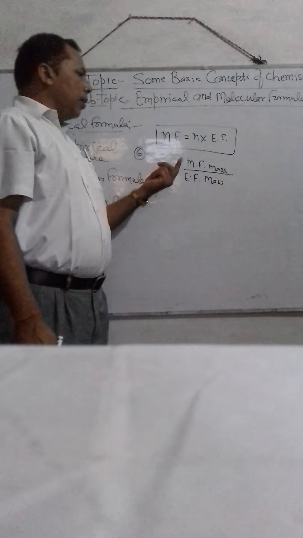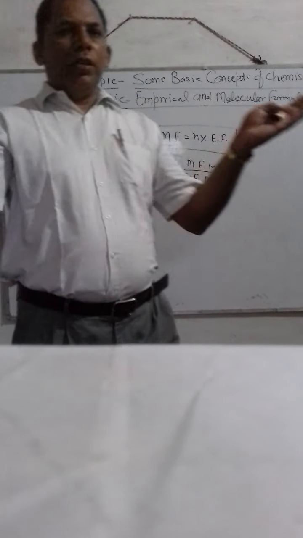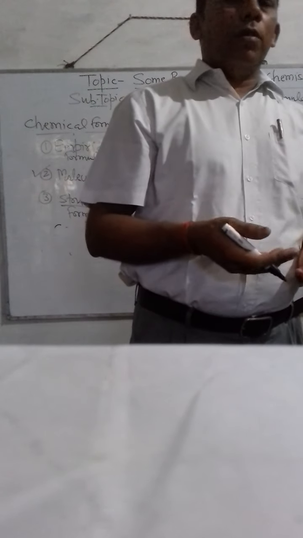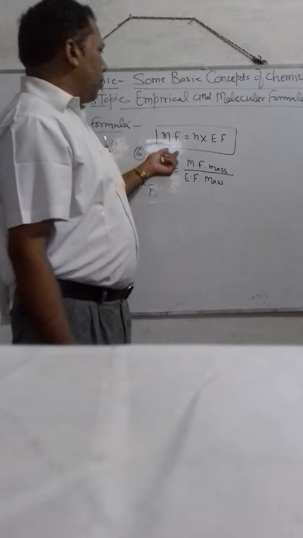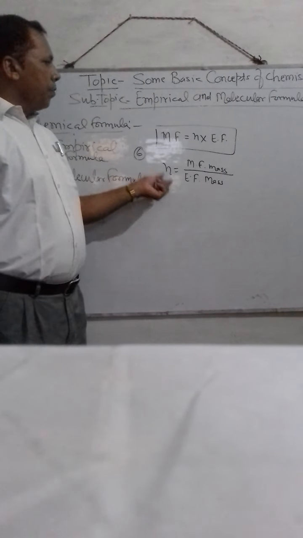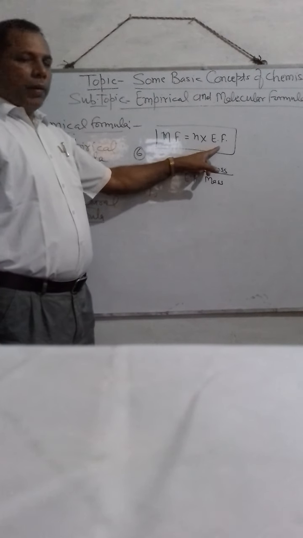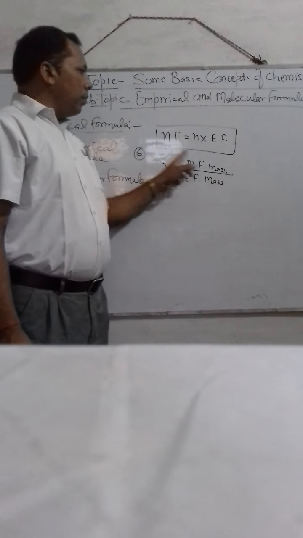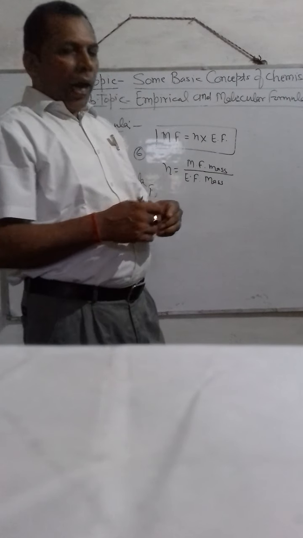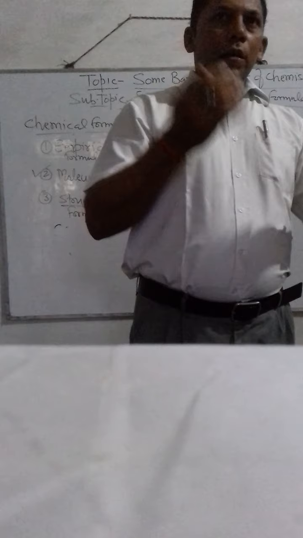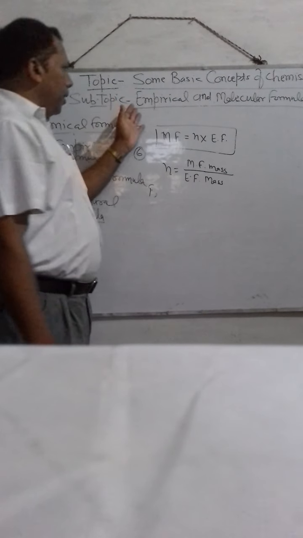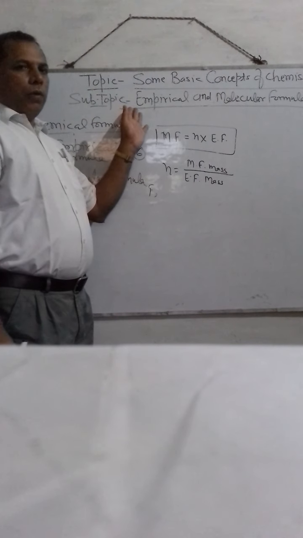If this value becomes 0, there is no existence of either molecular formula or empirical formula. So you must remember this relationship, as it will be applied in determining the empirical formula of compounds.